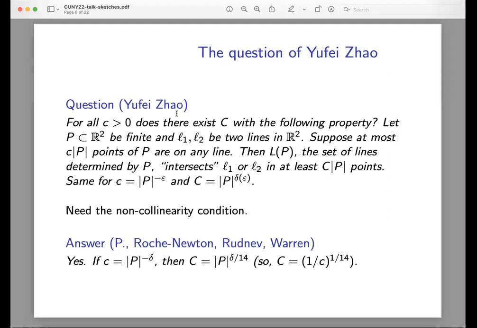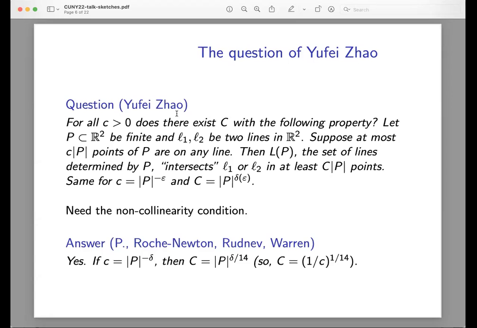So this is the question that Zhao asked. Given an absolute constant, let's say initially little c, it can be very small, does there exist another constant, capital C, with the property that whenever you have a finite point set P in R squared, and two distinct lines L1 and L2, and the point set has few collinear points, so at most a proportion c of the points lies on any given line, then LP, the set of lines determined by P, must intersect either L1 or L2 in at least capital C times the number of points of P?